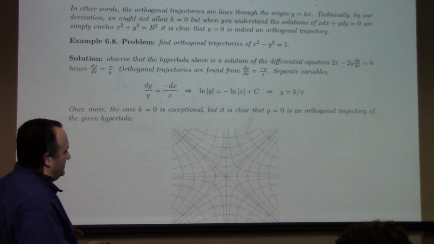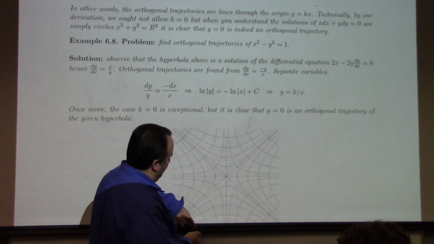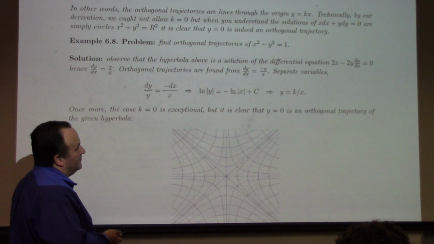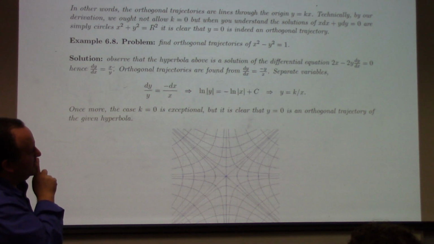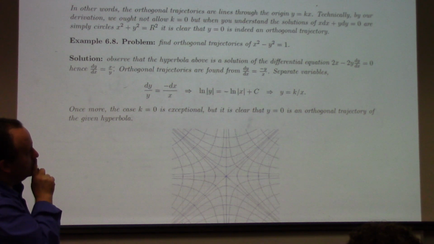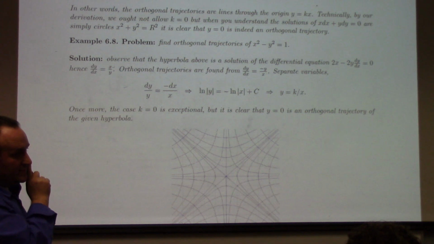Unfortunately, this picture is not just one hyperbola, it's lots and lots of hyperbolas. Did that one open horizontally or vertically? If we put x equals 0, is there any solution? You get minus y squared equals 1. There's no solution.